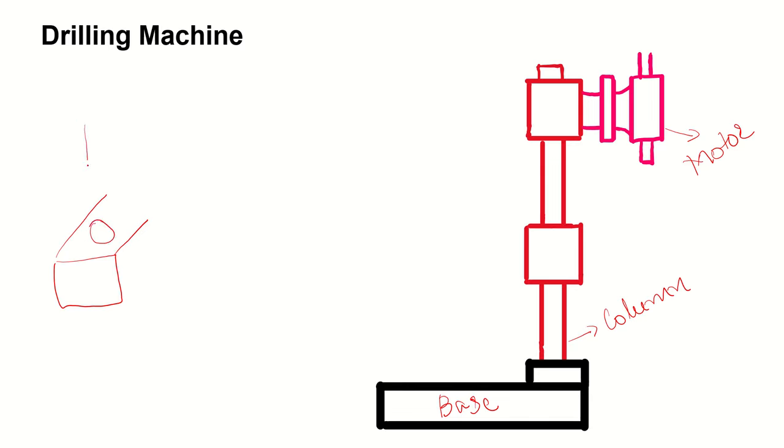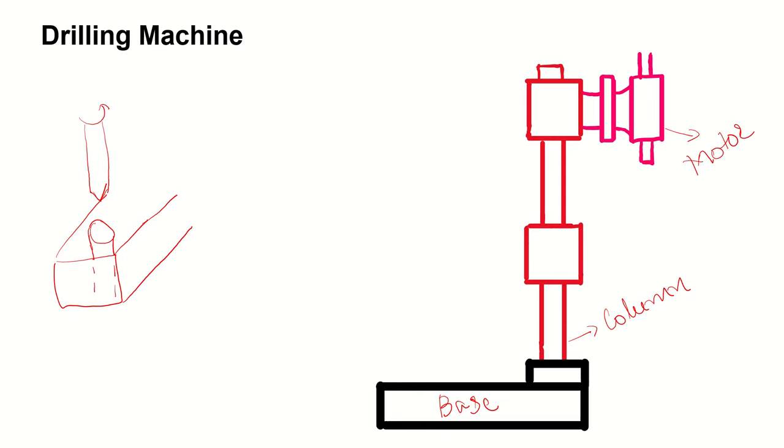If I am just bringing a sharp tool like this, the tool needs to have a rotary motion, then only it can drill the hole throughout the depth of the workpiece.